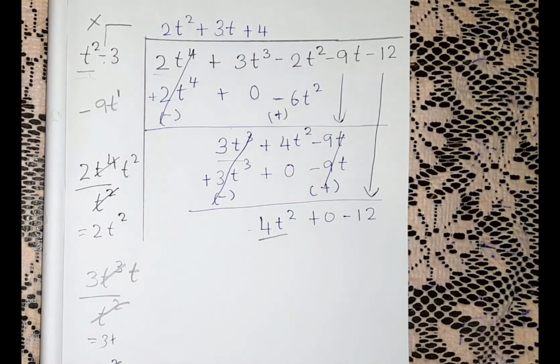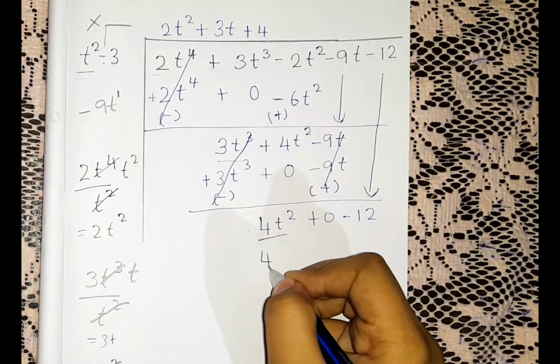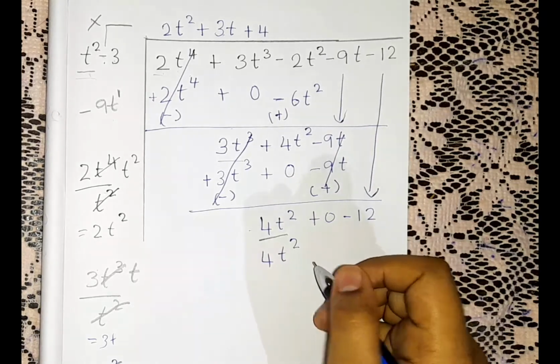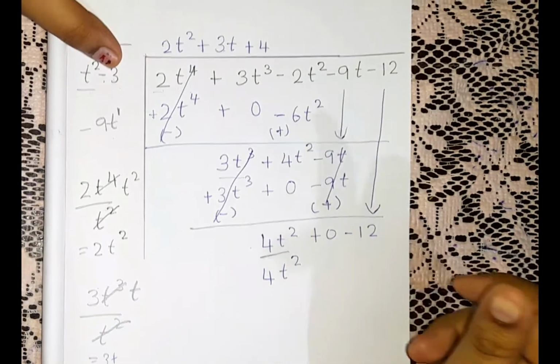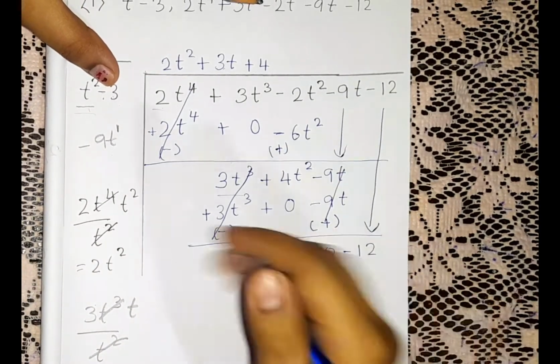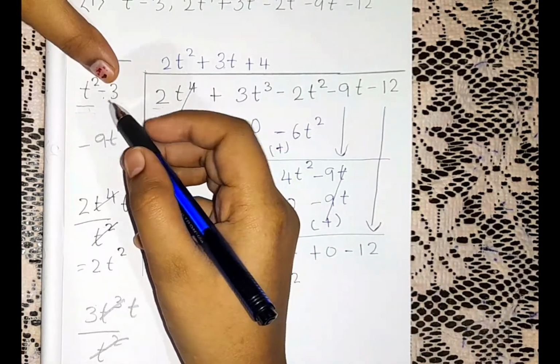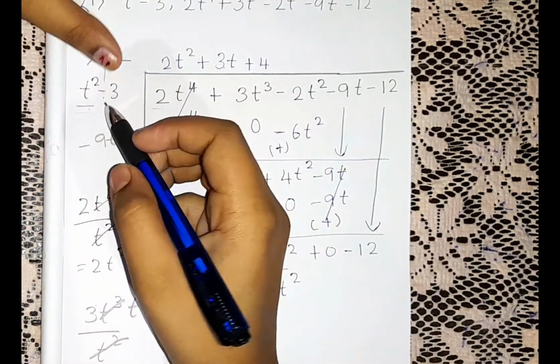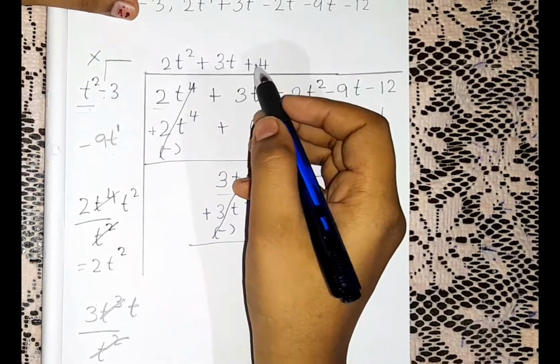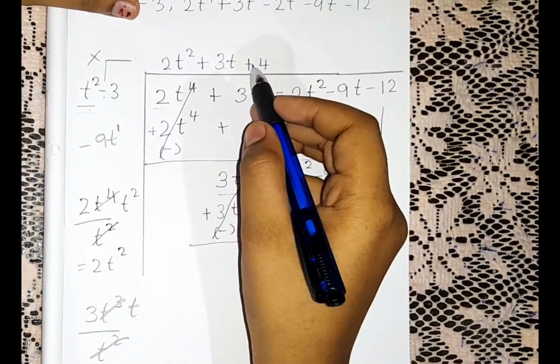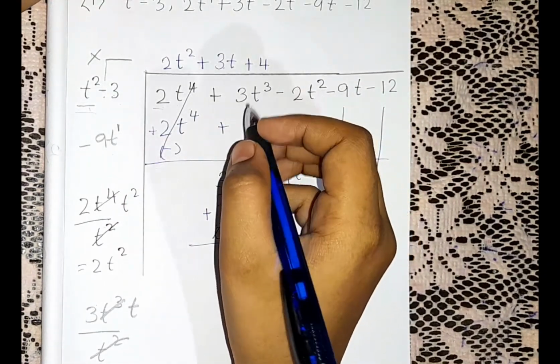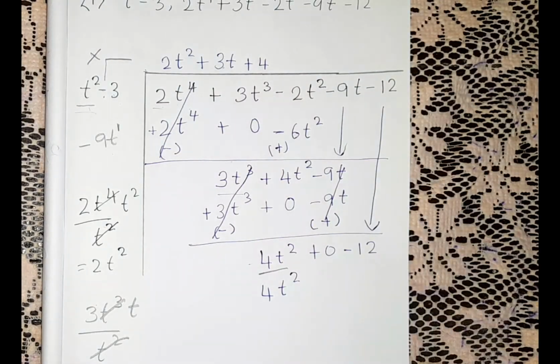Okay, so now let me write 4t square. And then we have minus 3. First we are going to be multiplying the signs. Here we have minus and here we have plus. So minus into plus is minus. Okay, so let me just write it.